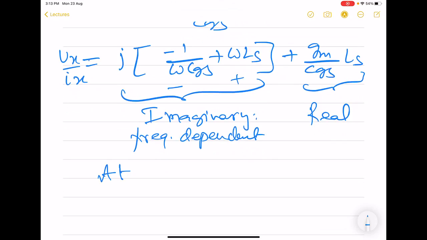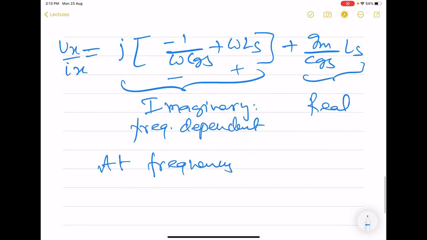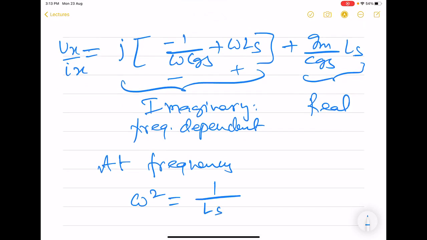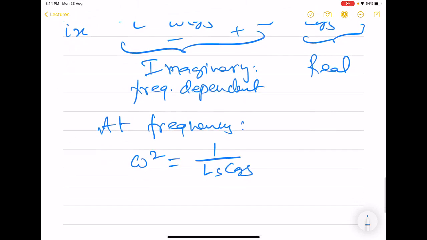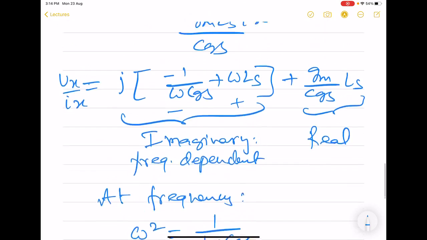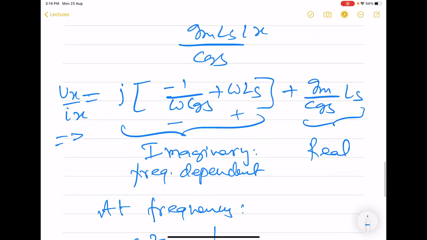So at frequency omega square is equal to 1 by LS CGS, this imaginary part is going to be 0. So imaginary of Zin is equal to 0, and this is equal to Zin.